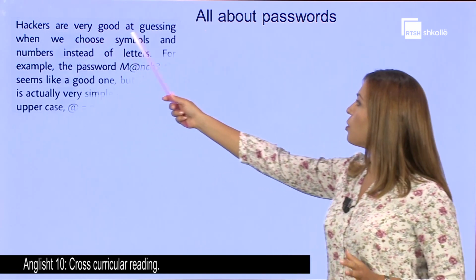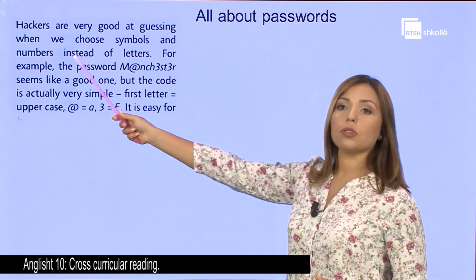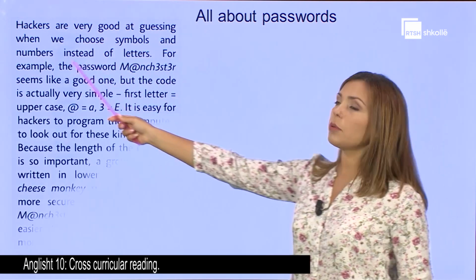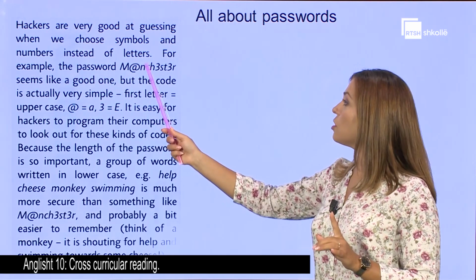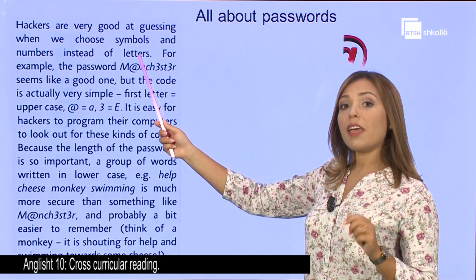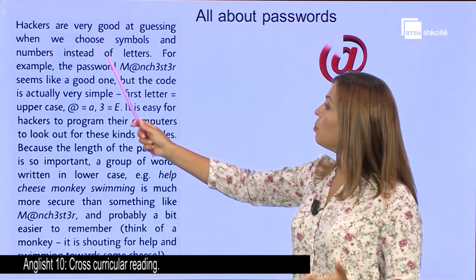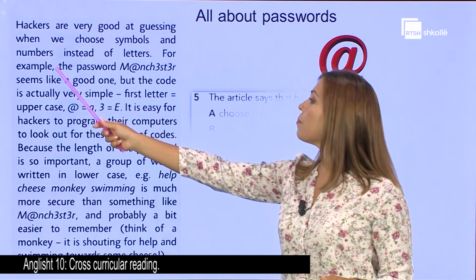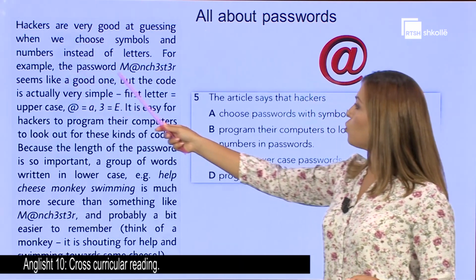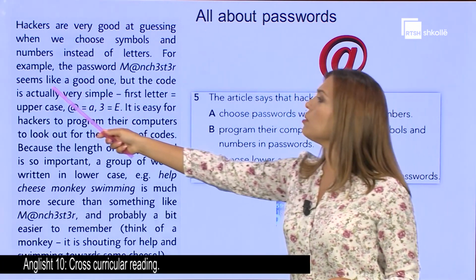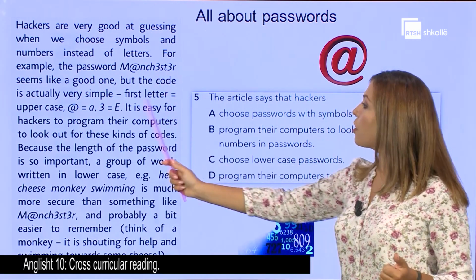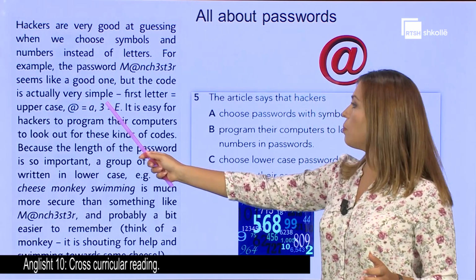Hackers are very good at guessing when we choose symbols and numbers instead of letters. So they can hack symbols and numbers very easily. For example, this password seems like a good one, but the code is actually very simple.